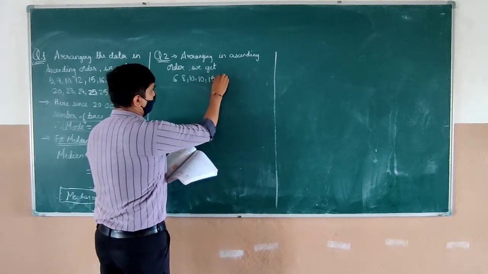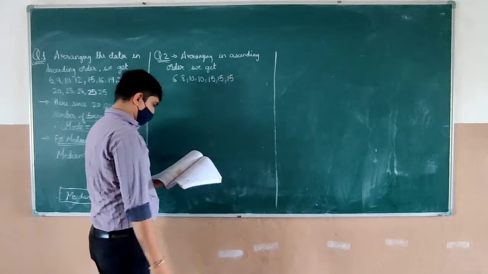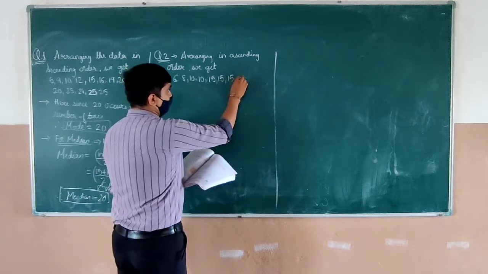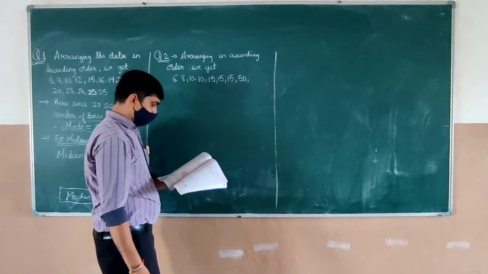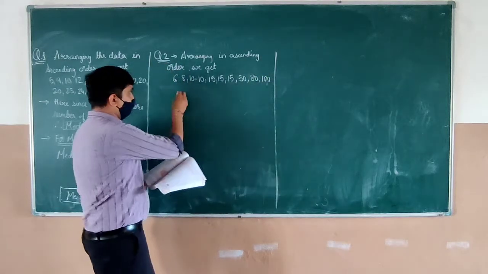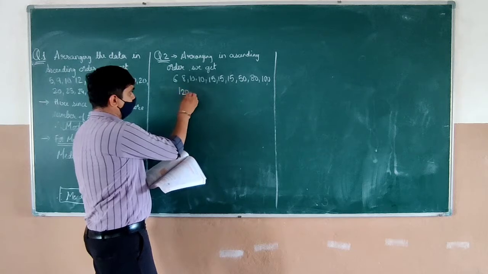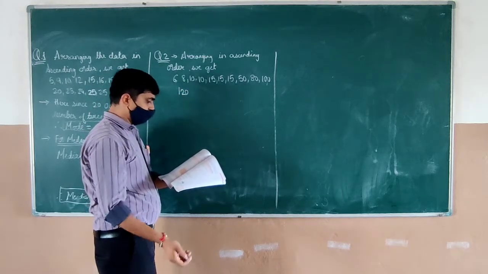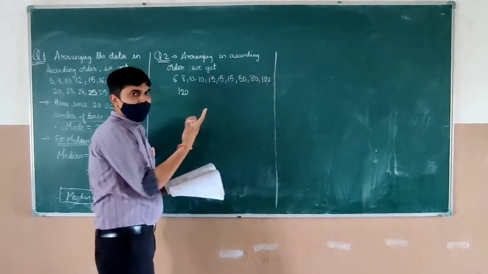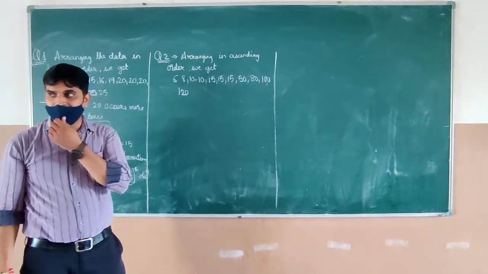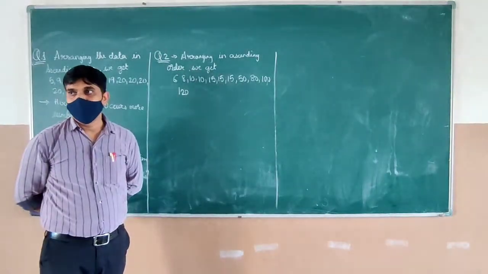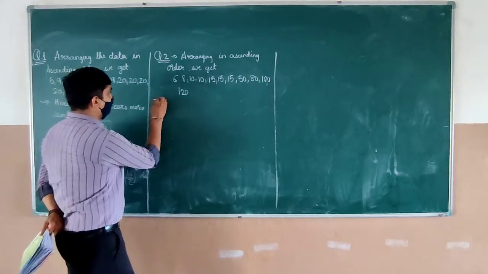Then after 15 directly 50. Then 80, 100, 120. All are one time. Then finish. Can I count? 1, 2, 3, 4, 5, 6, 7, 8, 9, 10, 11. 11 scores are here. Which number is occurring more number of times? 15.